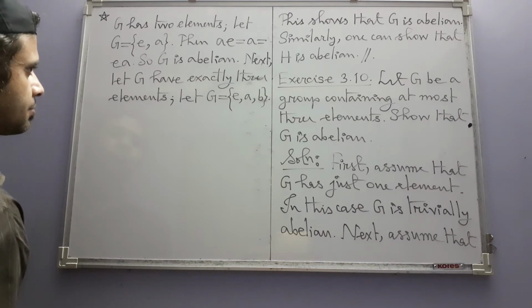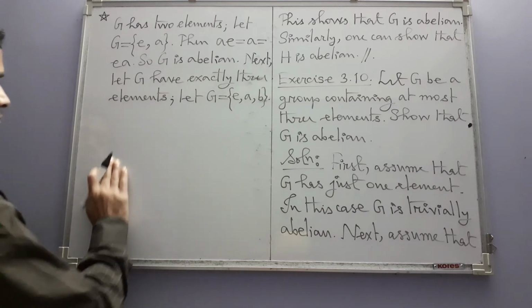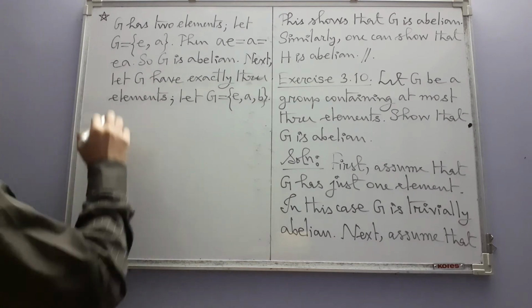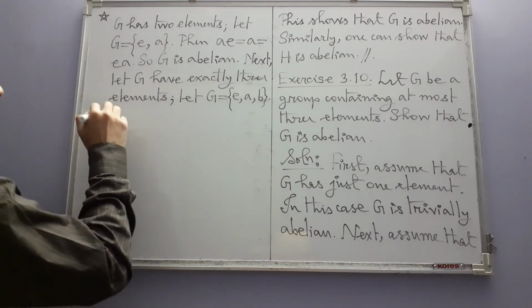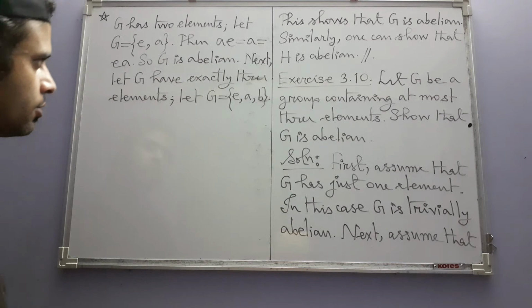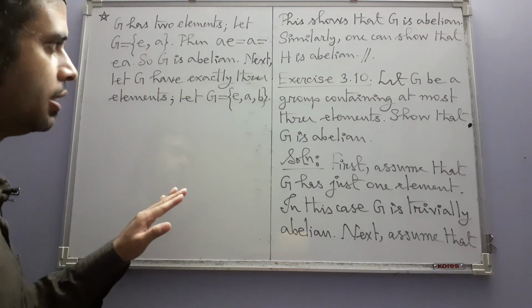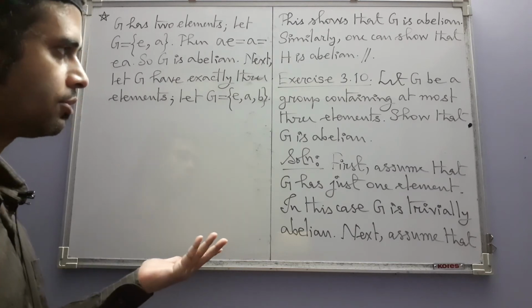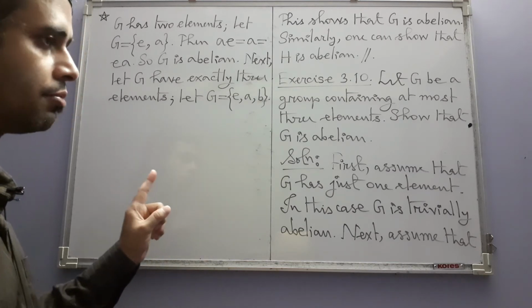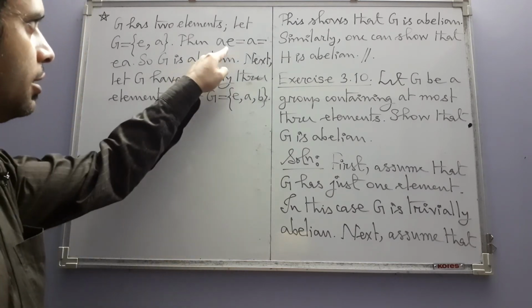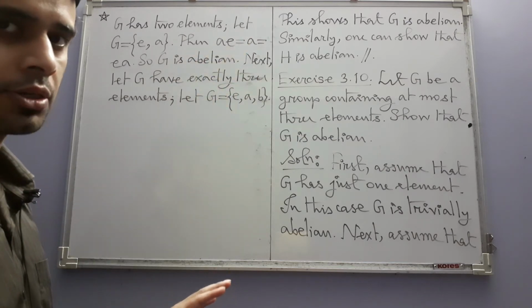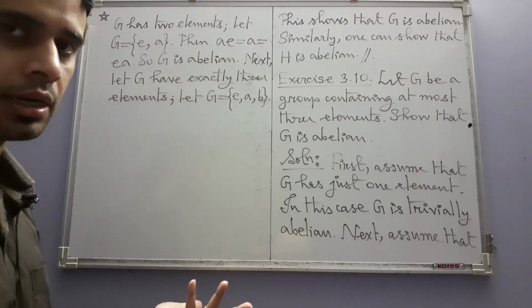So to show that this G is abelian, the only thing that we really need to show is that AB is equal to BA. In this case, however, their equality cannot be seen directly like this, because none of them is equal to the identity.